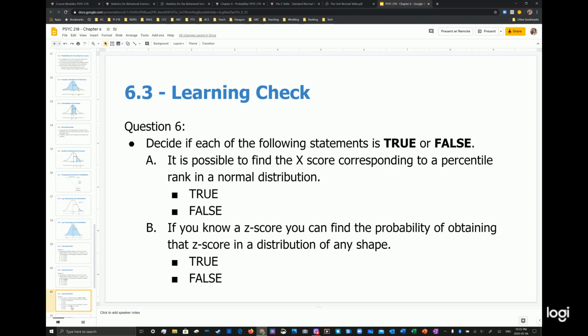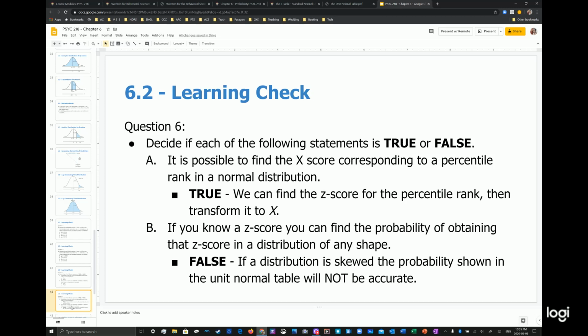The statement says yes, it is possible. Is that true or false? And second, if you know a Z score, you can find the probability of obtaining that Z score in a distribution of any shape. Again, these are concept questions. Take a moment to think about the relationship between an X score, a Z score, and the proportion or probability in the unit normal table.